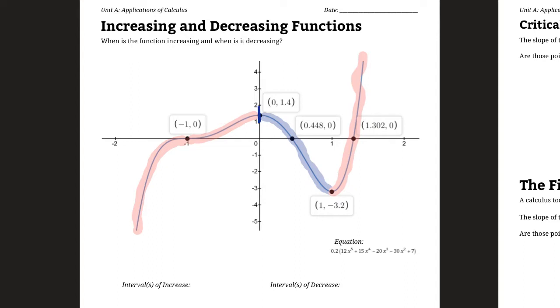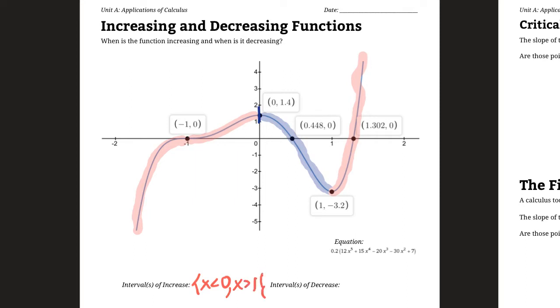So our interval of increase, I'll do it in red just to keep it consistent, x has to be less than 0. And I didn't put less than or equal to because at this point at the top, we're not really increasing or decreasing. We also have another interval of increase here, where x is greater than 1.